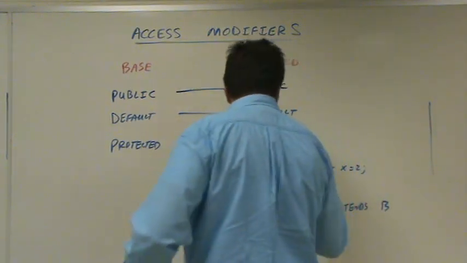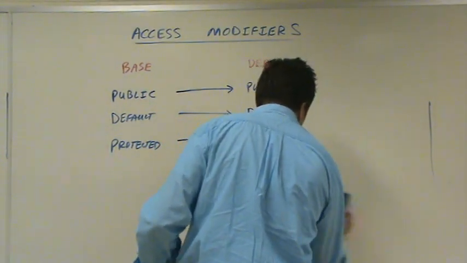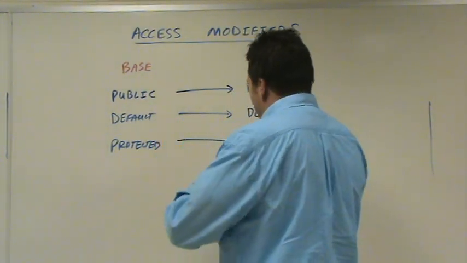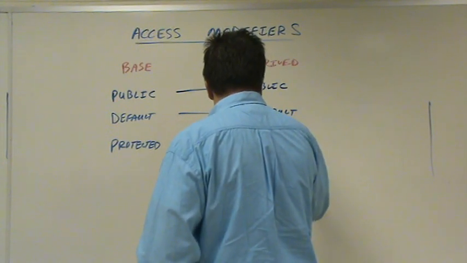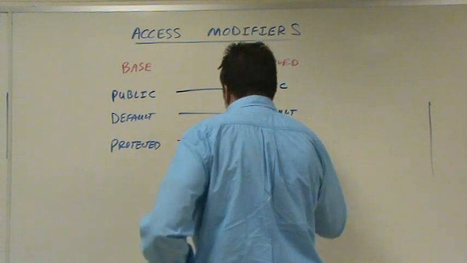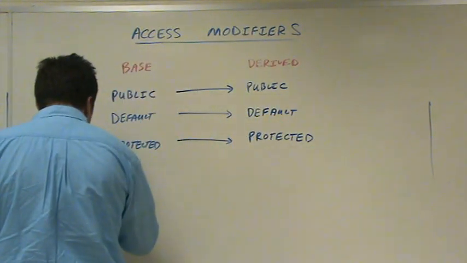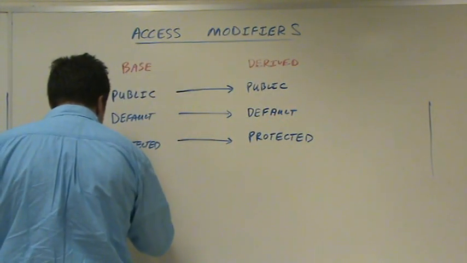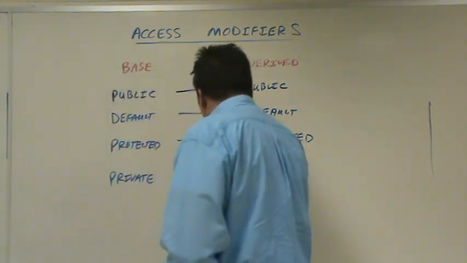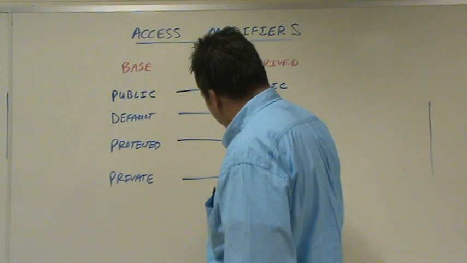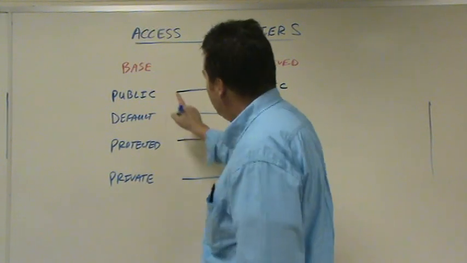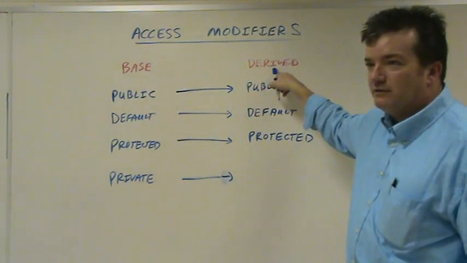Now, here's really what the question comes down to. Would you ever want to put these somewhere else? So let me just write this out. And the stuff that is private in the base class goes where in the derived class?